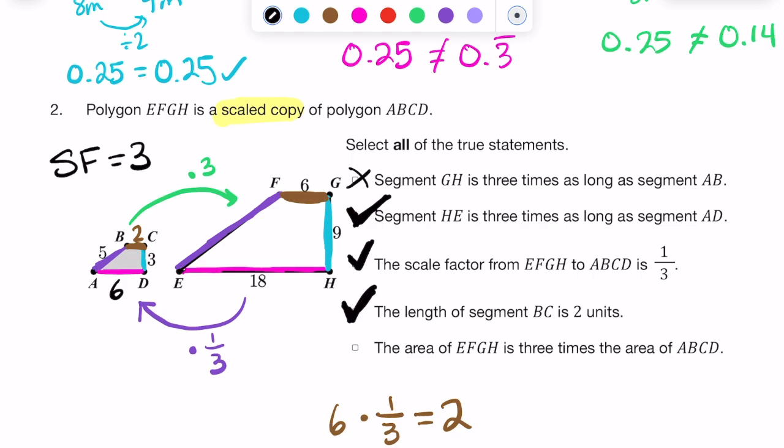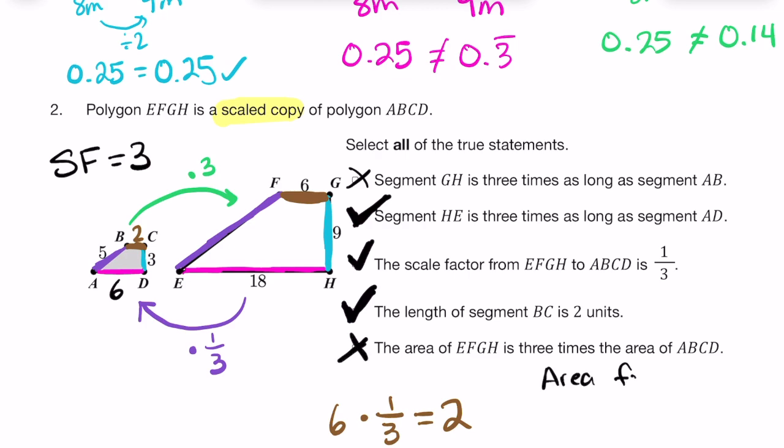And then finally, the area of EFGH is 3 times the area of ABCD. Okay, this is not true because area factor is not equal to the scale factor. So when we think about a scale factor, that's talking about how the side lengths of a shape are changing, so how many times bigger the side lengths get.